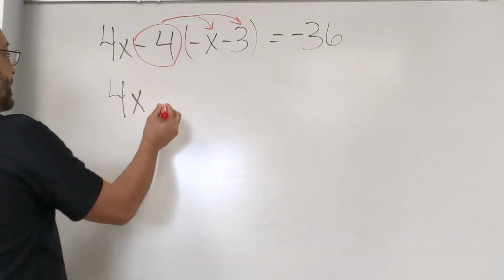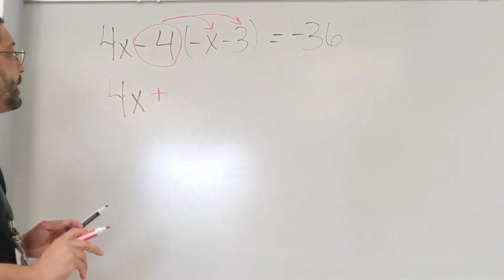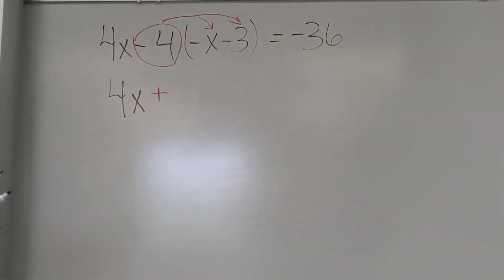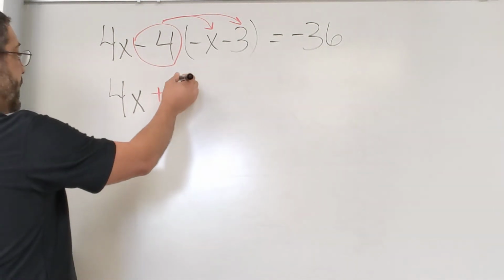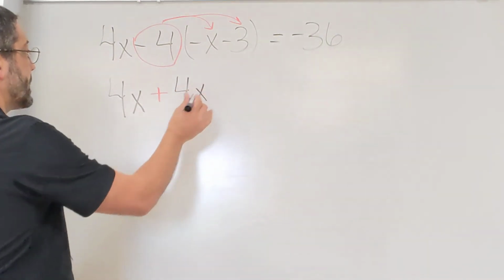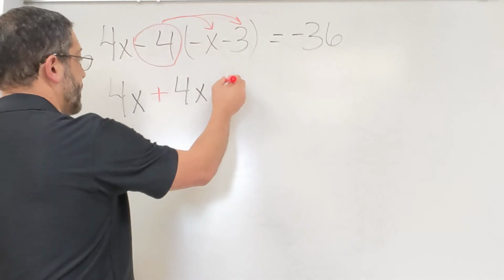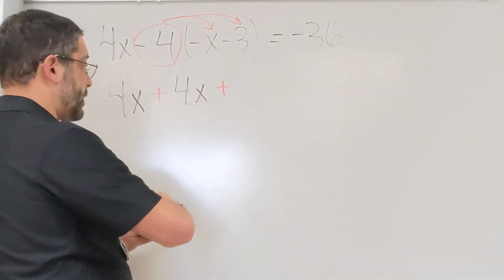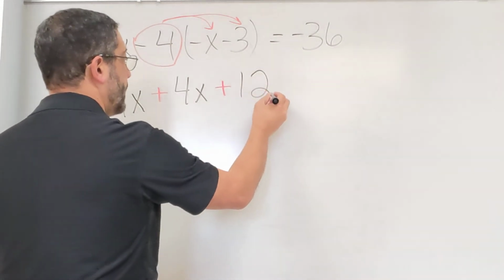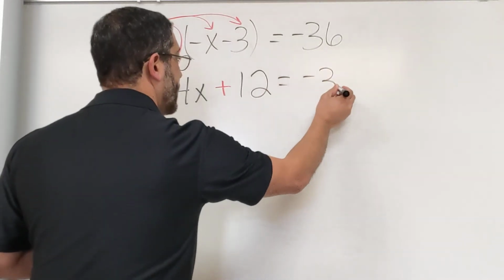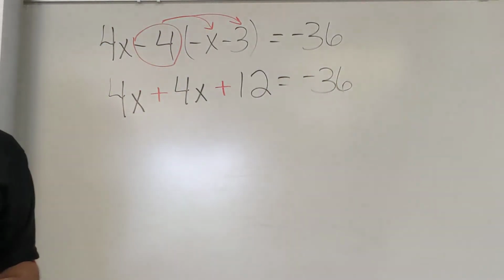So a negative times a negative produces a positive. So that's going to make a sign change there. So I'm going to have 4x plus 4x. Negative times a negative again is going to produce a positive. So 4 times 3 is going to give me 12. And all of that equals a negative 36.